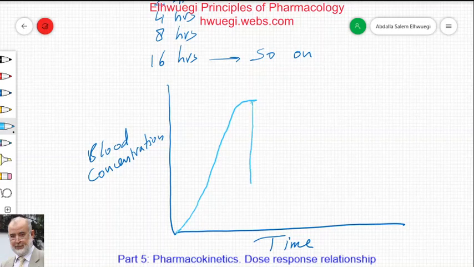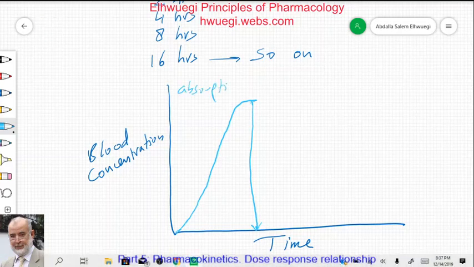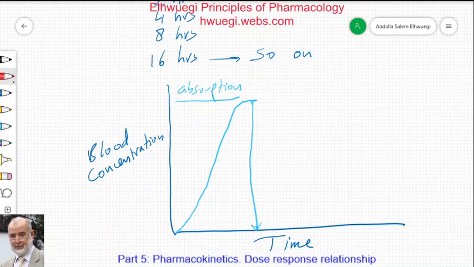This increase in paracetamol concentration represents the absorption phase of the pharmacokinetics. Once absorption finishes, elimination will start and the level of paracetamol in the blood starts to decrease till it reaches 0.